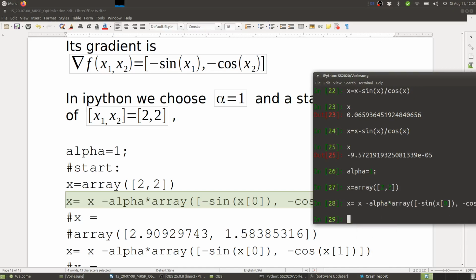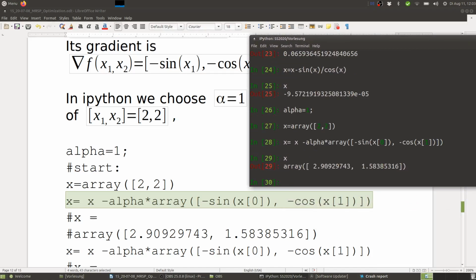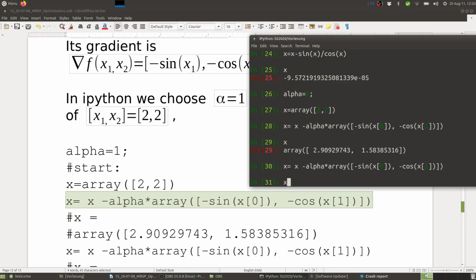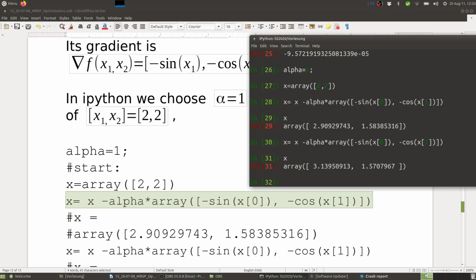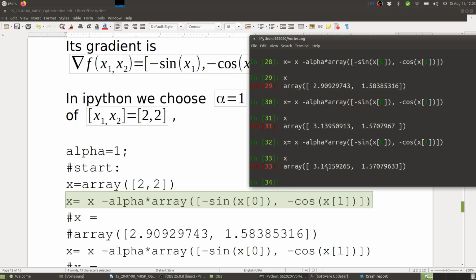So this is our update now. So let's see what we get. So this is our x1. Here you can see it. And next update, this is x2. Next update, here's x3. It's actually quite good.